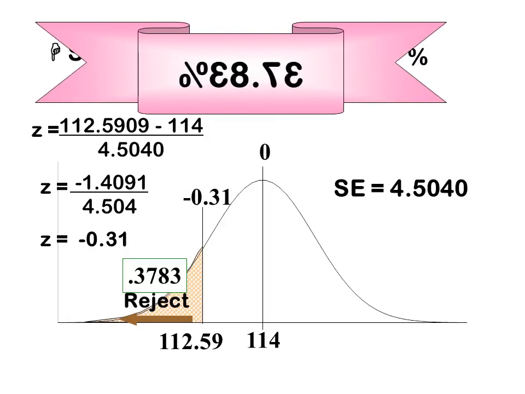Or you could say the power is 37.83%. So that means if I really did have a therapy that really did reduce this measure by 6 points, the chance that an experiment using 7 subjects with this standard deviation would detect it is only 37.83%.